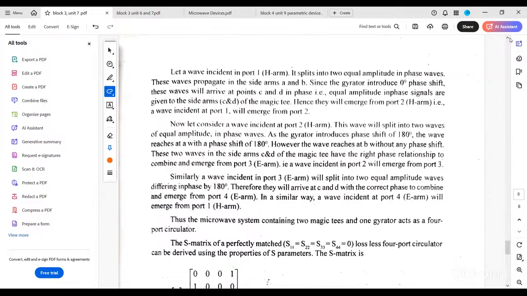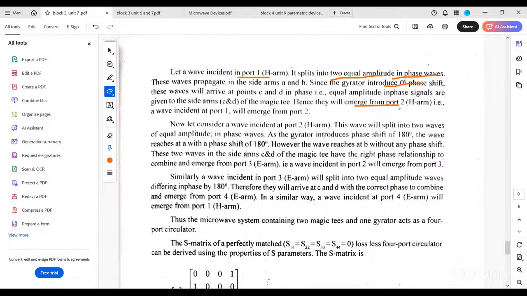A wave is incident on port 1, splitting into two equal magnitude in-phase waves, with 0 degrees phase shift, and the wave emerges across port 2.